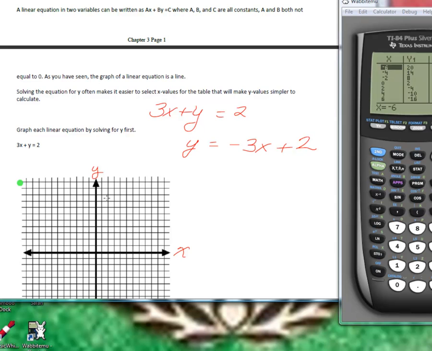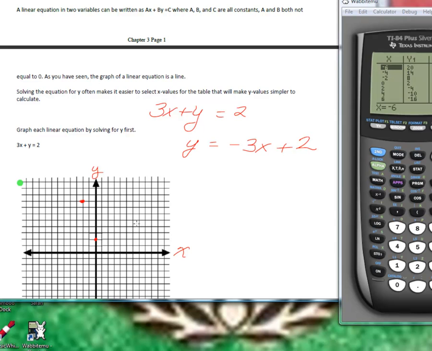Now the first thing we need to do is label our axes. The horizontal axis is x and the vertical one is y. And our first point we're going to graph is the point negative 2, 8. So we go left 2 and up 8, and that's our point negative 2, 8. Put a dot there. Our next point is 0, 2.